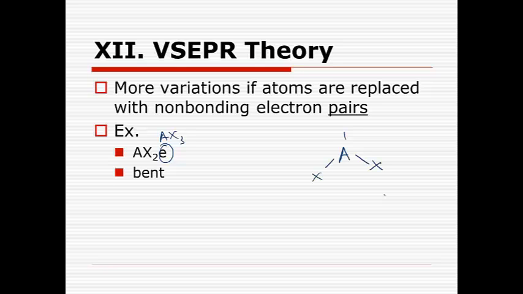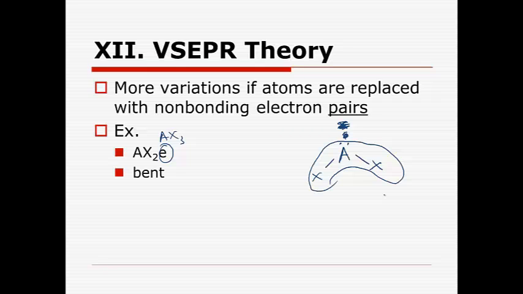But now we get rid of that, and you can't just say, oh, now it's just AX2. This still acts as an electron pair. So it still has to retain the basic shape of that trigonal planar. But since we now only have 3 atoms, it's a bent shape.